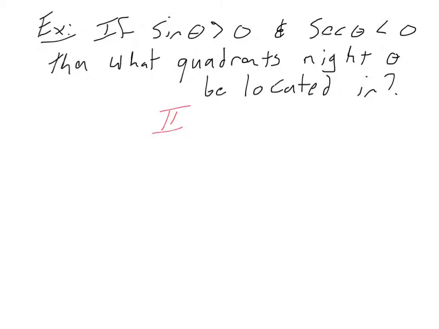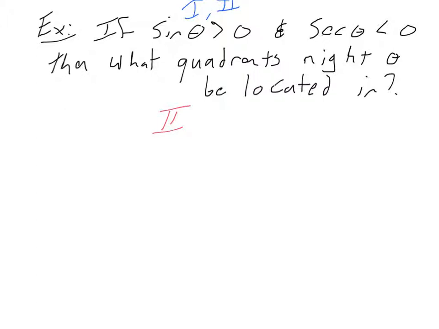All right, so one type of question you want to be able to answer is if you're told that sine is positive and secant is negative, what quadrants must the angle be located in? Unfortunately, I wasn't recording when we went over this last one, so the answer is already here. But just to explain this, we know that sine is positive in the first and second quadrants, because sine is the y-coordinate, right?